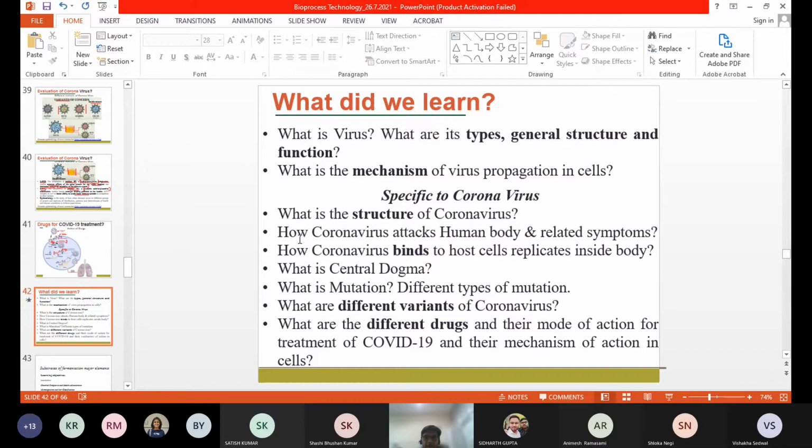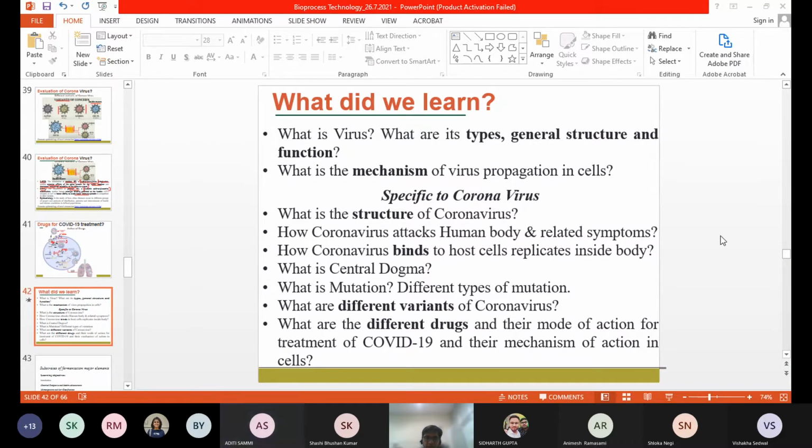Okay, and can anyone tell the second part, how the coronavirus attacks the human body, for example, what are the receptors that are there? Can anyone tell on that? They have spike glycoproteins which attach to the ACE2 receptors on cells that are present in our lungs.